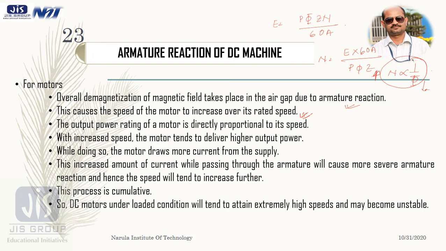So a DC motor under loaded condition will tend to attain extremely high speed and may become unstable. As N is proportional to 1 by phi, due to the demagnetizing effect phi is reducing, so N is increasing, speed is increasing, and it will cross the rated speed.